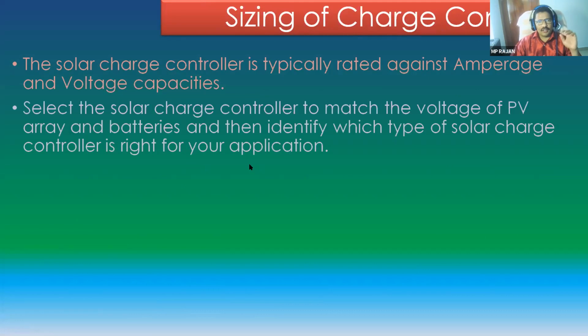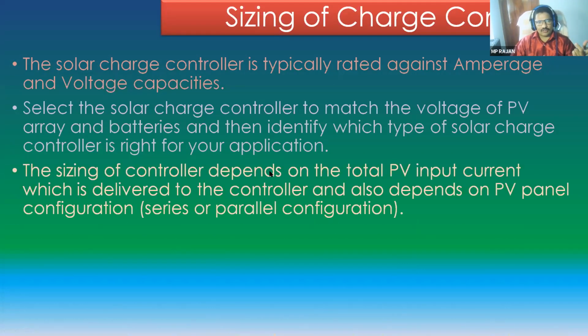You have to see the maximum probable DC current which may flow from the solar panel to the battery through the charge controller, and the DC system voltage. The charge controller deals with the DC power supply system. The maximum current of a solar module in the best case will be the short circuit current, ISC.